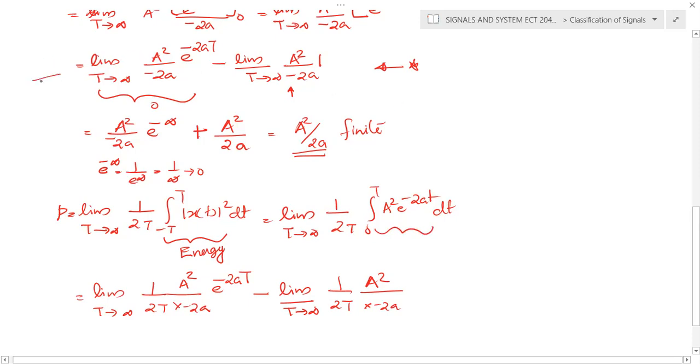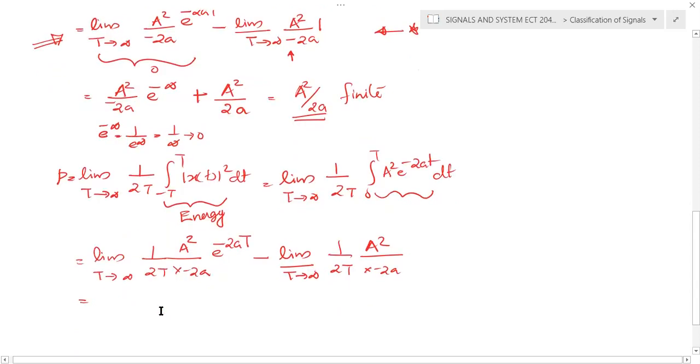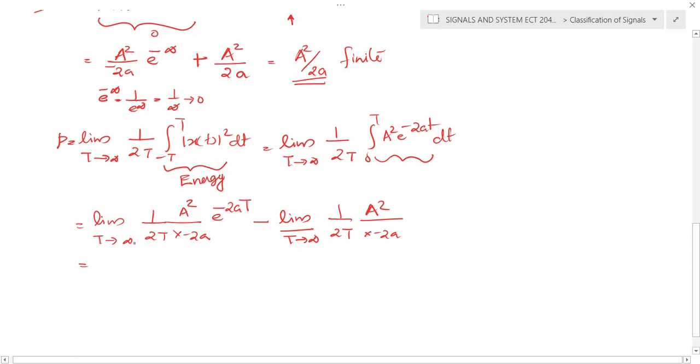If you simplify this equation and apply the limit T tending to infinity, numerator and denominator become T, so I need to rearrange this formula. We need to take L'Hospital rule here.